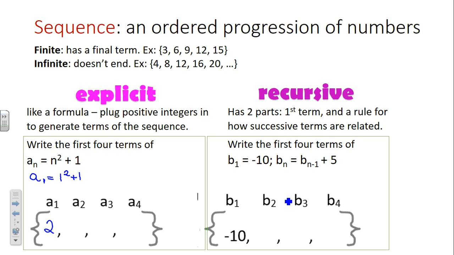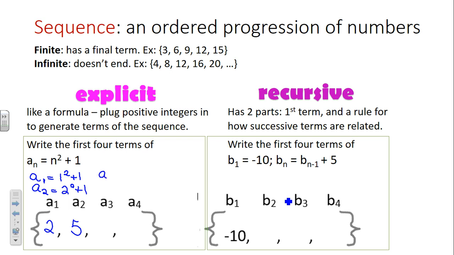So then when we want our second term, we're going to let n be 2, right? And we'll take 2 and square it and add 1, and we get 5. To generate our third term, we're substituting 3 in everywhere we see n.